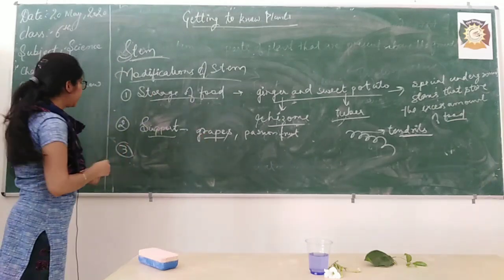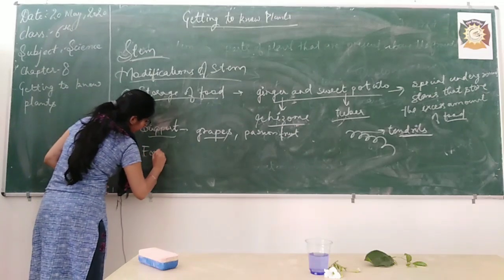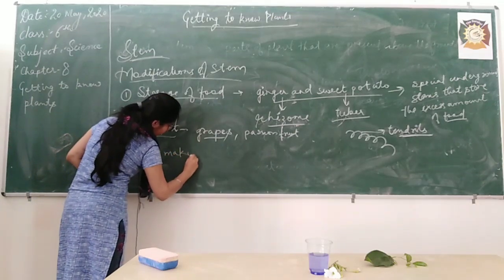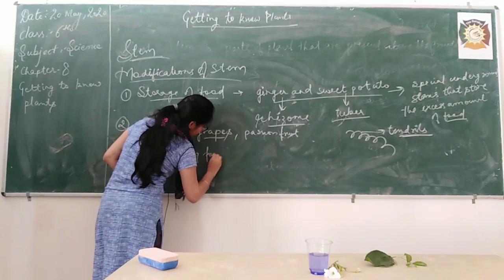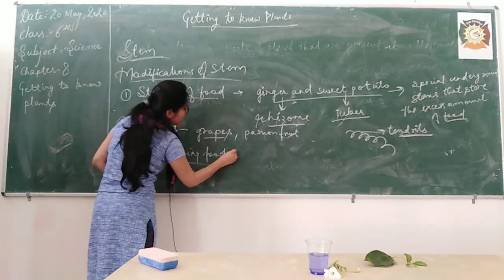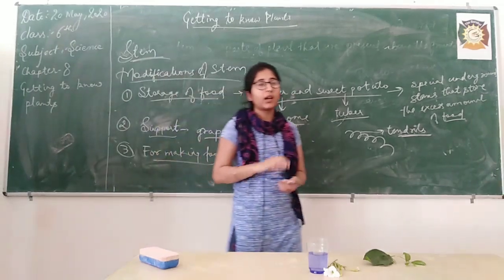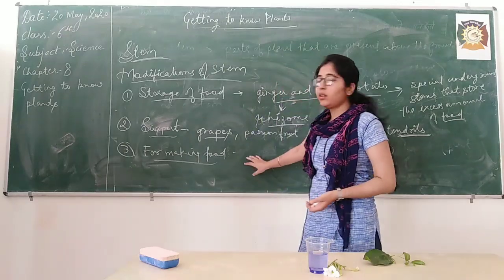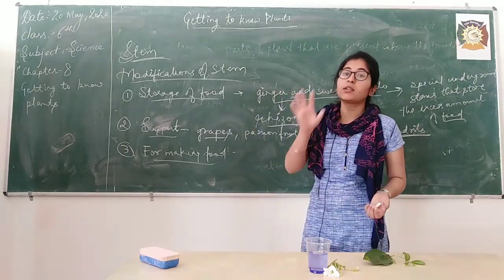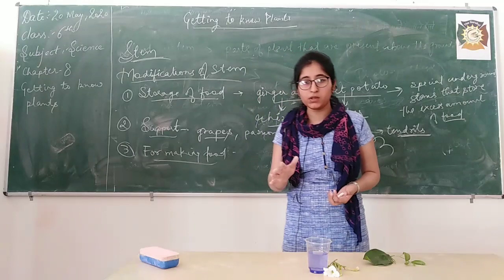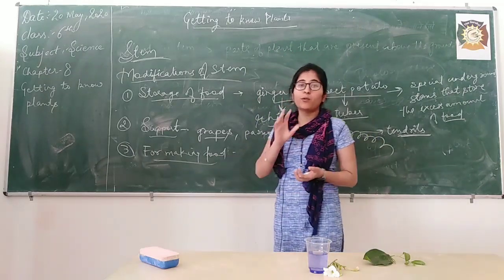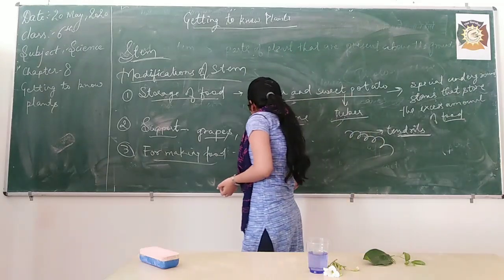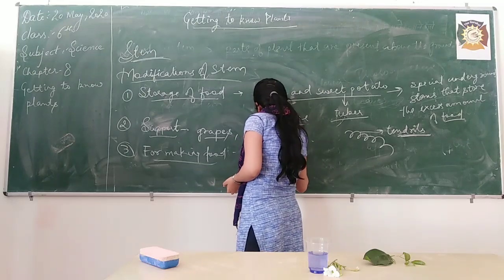What is it? For making food. Now students, you must be wondering, I told you that food is made in leaves, right? But there are some special stems that also make food. These stems are present in cactus.